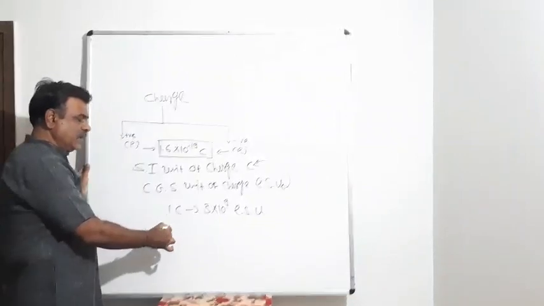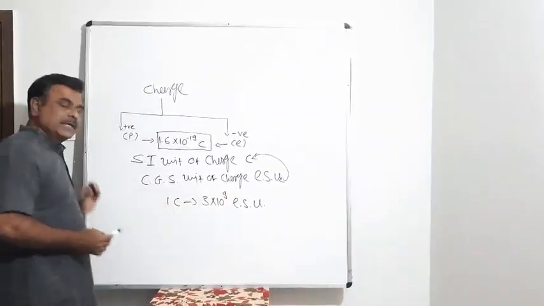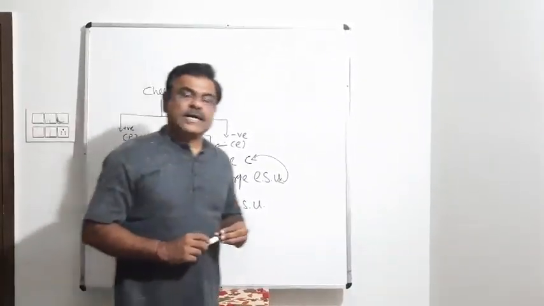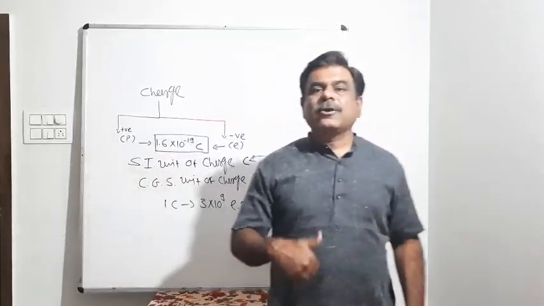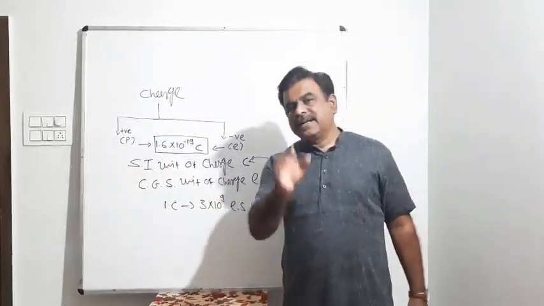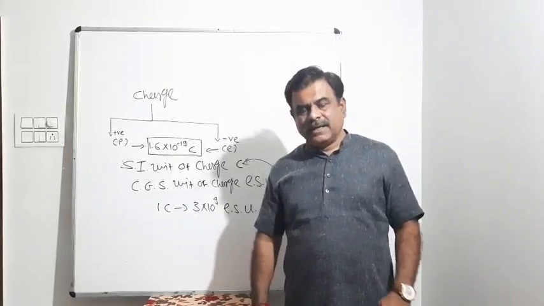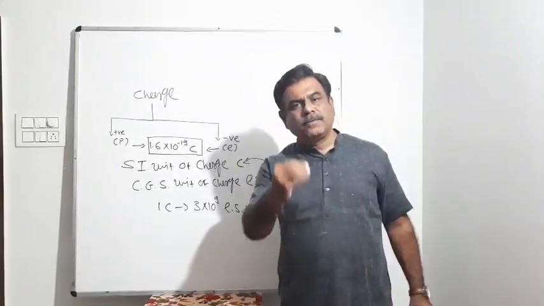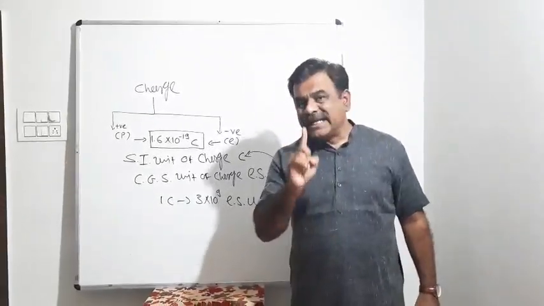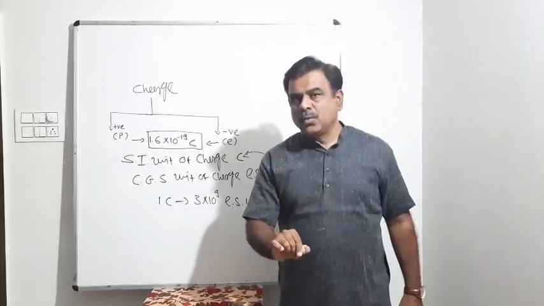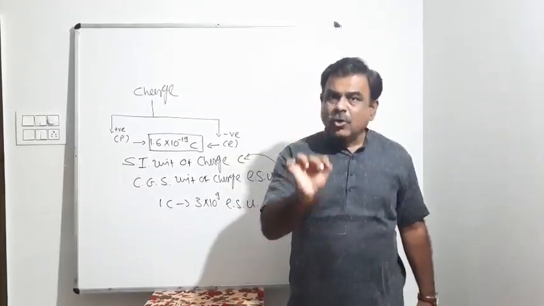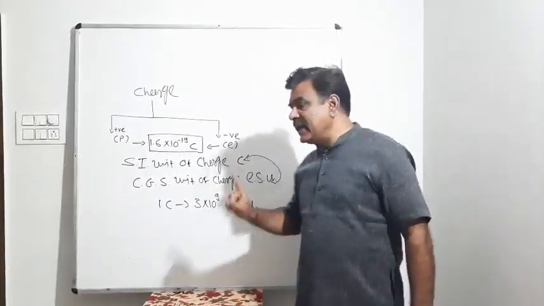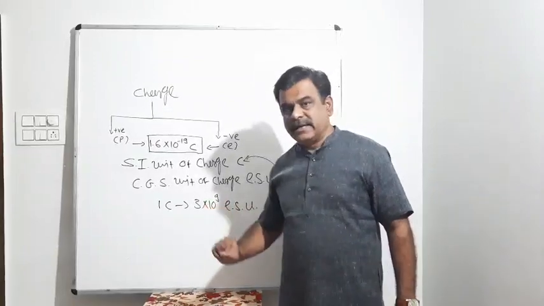There is one more unit of charge, EMU, electromagnetic unit, but that I am giving you as an assignment. You can put the answer in the group or as a comment: what is the relation between EMU, electromagnetic unit, and ESU, electrostatic unit?